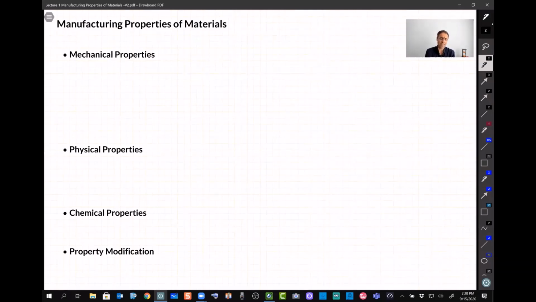So as I said at the beginning, when we talk about the manufacturing properties of materials, we are looking at basically four properties. The first one is mechanical.